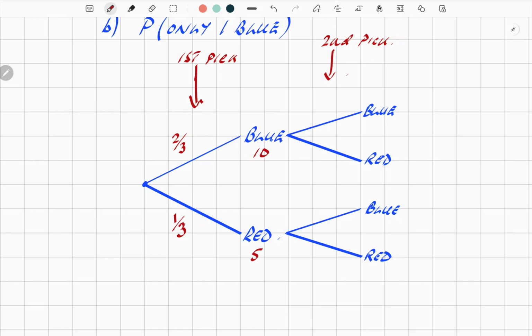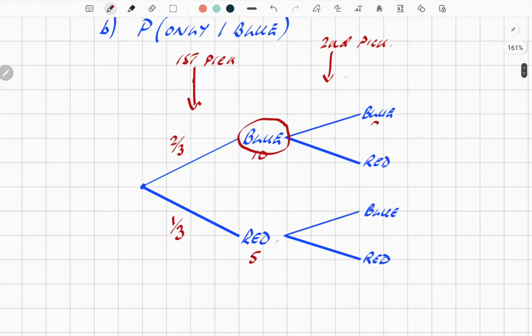Now, if you've picked a blue, so let's say you've gone with that one first, that's what's come out. In the second pick, now here's the important bit. We are not replacing the counter. So we've picked a counter, and this time it's been blue. How many blues are left? 9. Excellent.